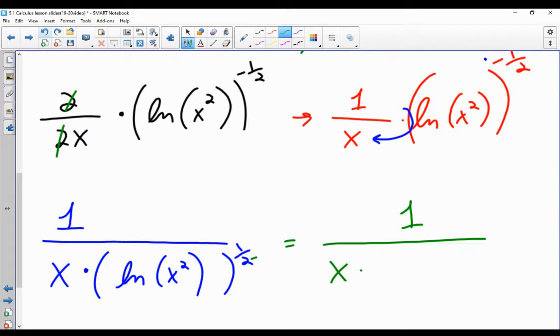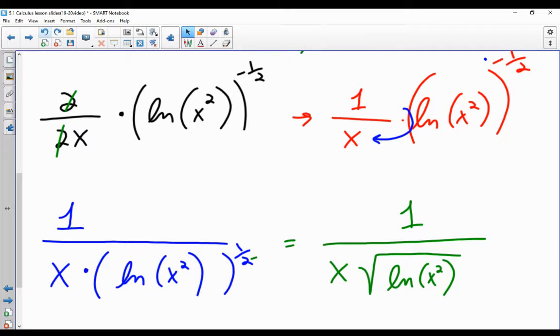And you can just leave it like this: x times square root of natural log x squared. All right, and that's how you do the orange peel rule, or the chain rule, with natural logs.